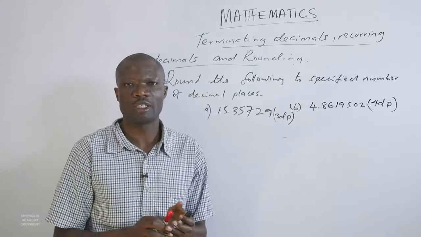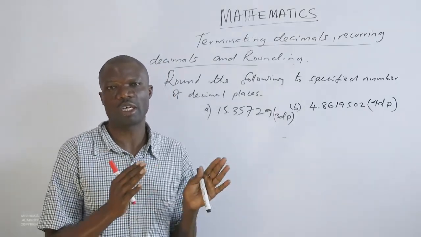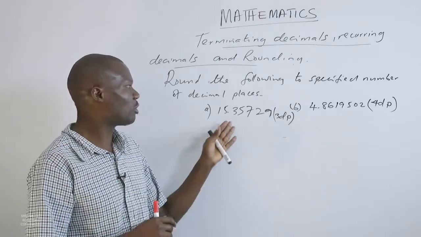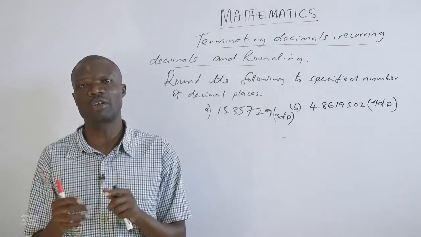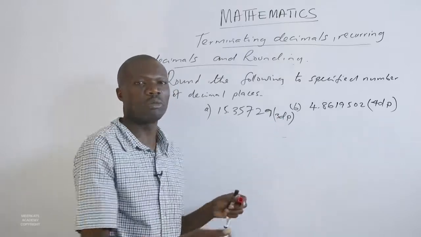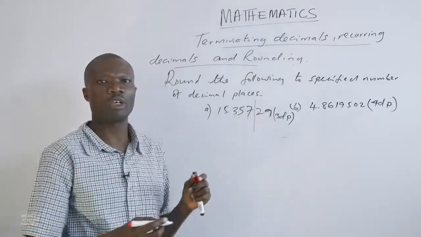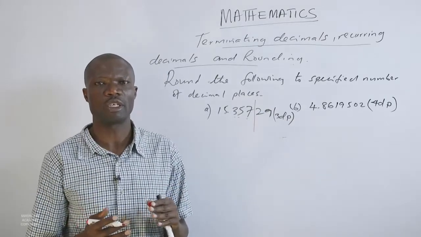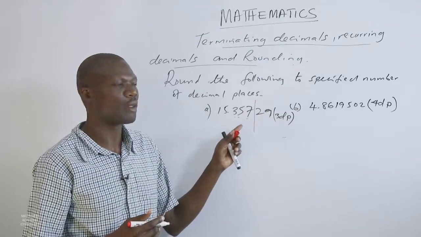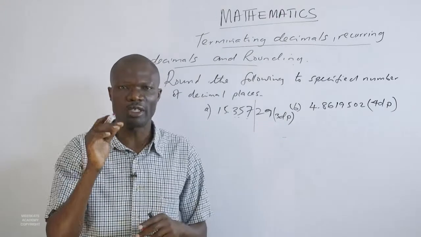Now, this is where we look at the 2 digits we call the critical digit and the rounding digit. We should be able to identify those 2 digits. So from the first one, I want us to first identify the rounding digit and the critical digit. We want 3 decimal places, so this is 1, 2, 3. That is the point at which we are looking. When you look at that part here, you find that 7 is our rounding digit and 2 is our critical digit.